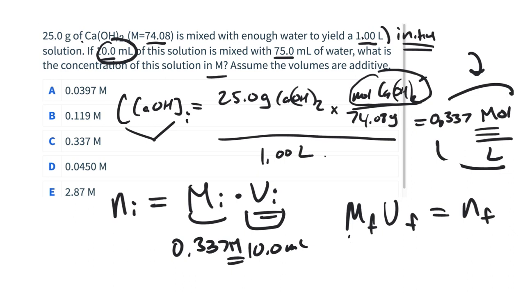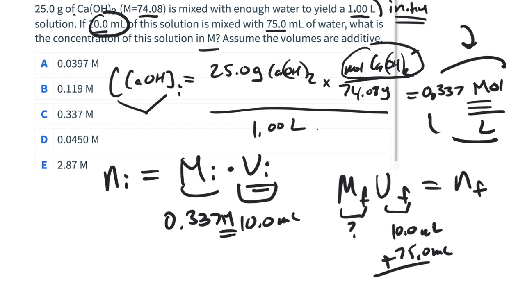So if I take the final molarity, which I don't know yet, times the initial 10 milliliters plus the 75.0 milliliters of water that I just added to give me 85.0 milliliters of total solution, so my total volume is 85 milliliters.